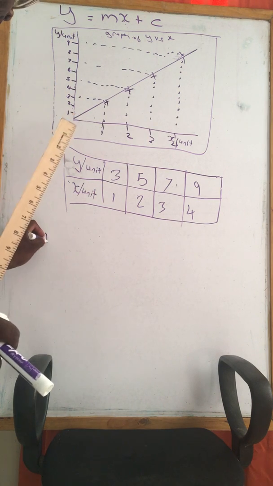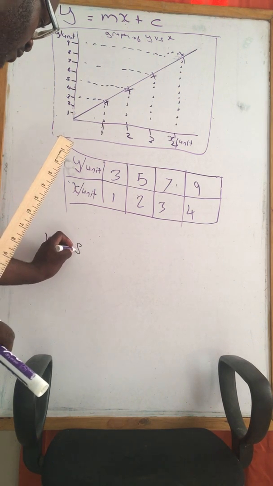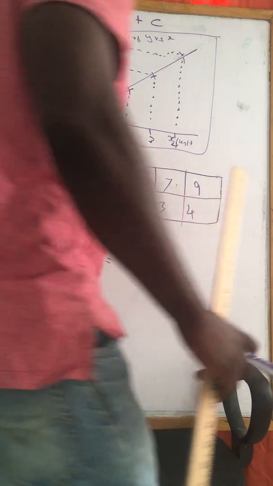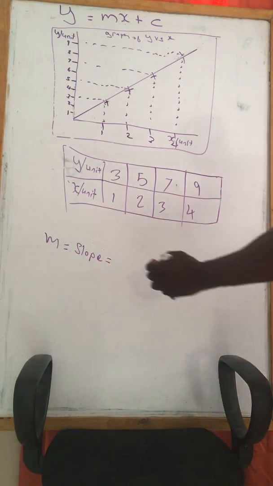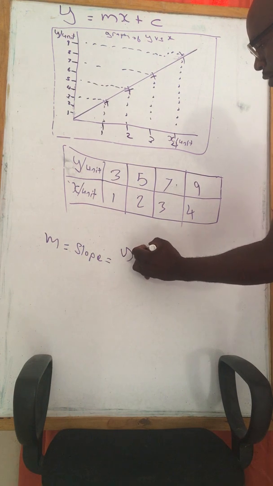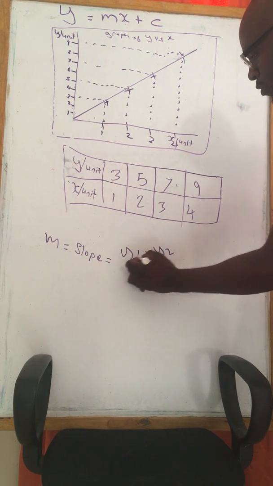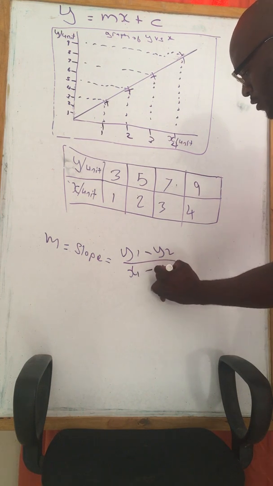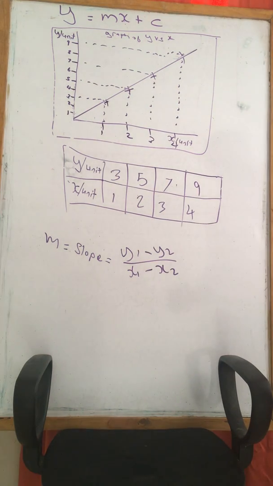So then m, which is equal to the slope, which is equal to y1 minus y2 over x1 minus x2, right?